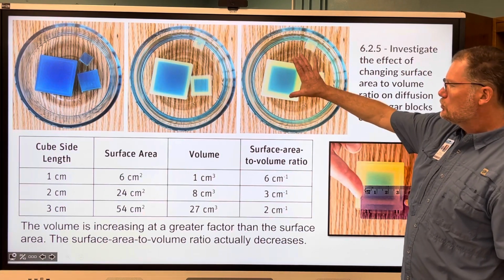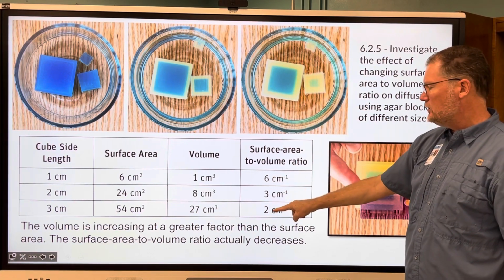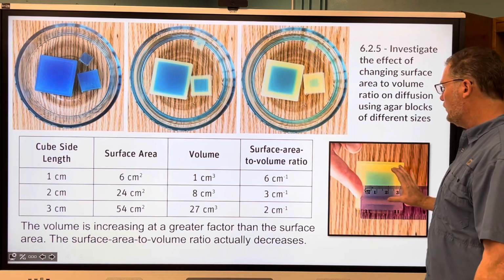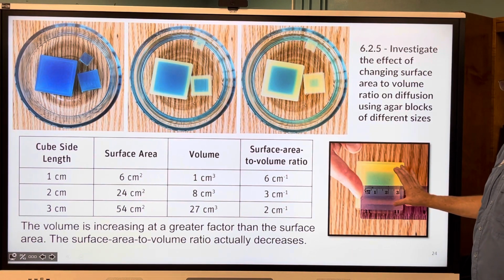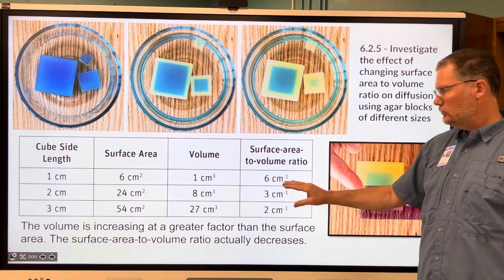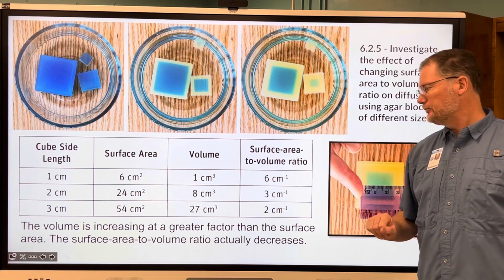In the larger cube, this ratio decreases. And then this is a visualization, an actualization of this determination, okay?